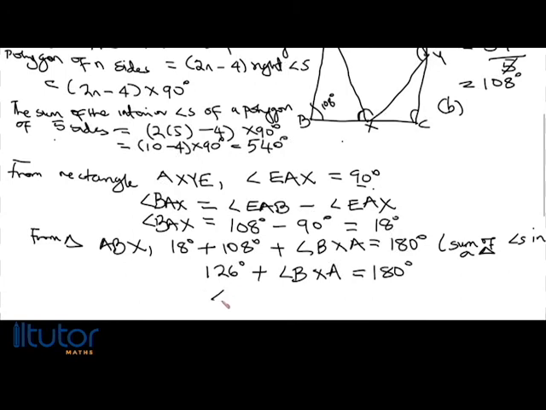So angle BXA is equal to 180 degrees minus 126 degrees, which is equal to 54 degrees. So our BXA, which we've been told to calculate, is equal to 54 degrees. So that's it.